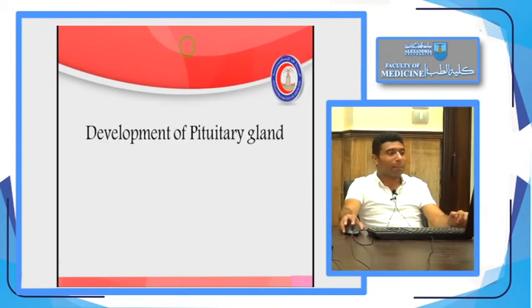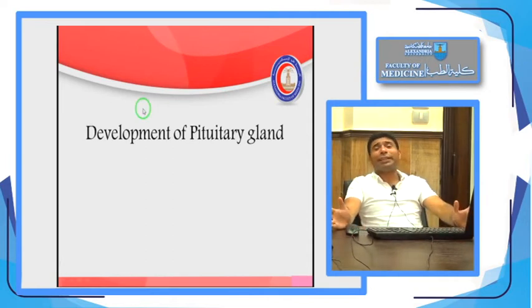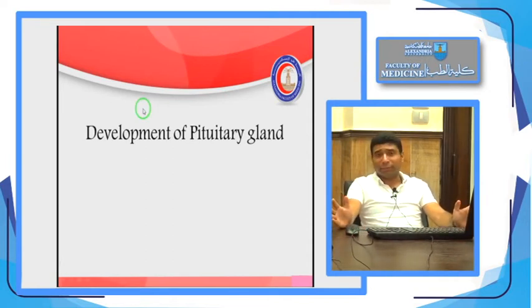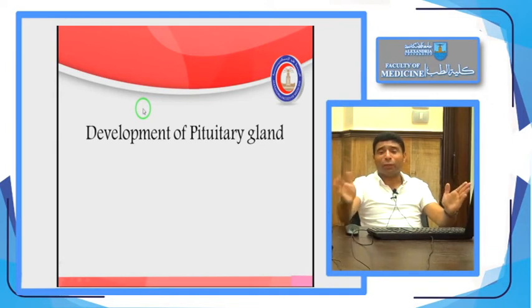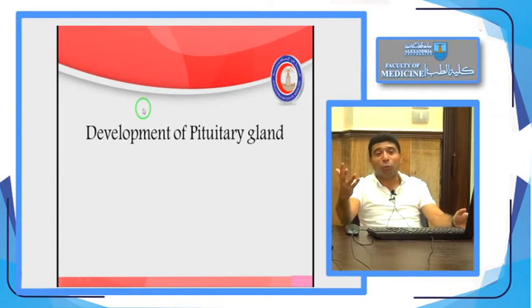Excellent. Development. The pituitary gland in physiology has two lobes. The anterior lobe, which is the adenohypophysis, and the posterior lobe, which is the neurohypophysis. Adeno means gland. The anterior pituitary, or adenohypophysis, can make and secrete hormones, but the posterior pituitary, or neurohypophysis, cannot form or make hormones.